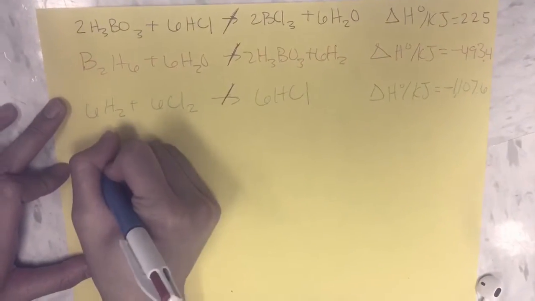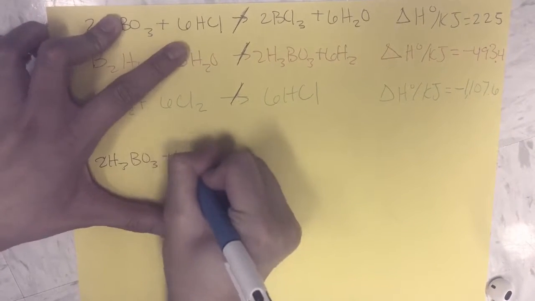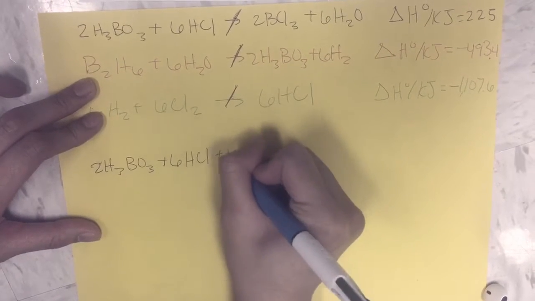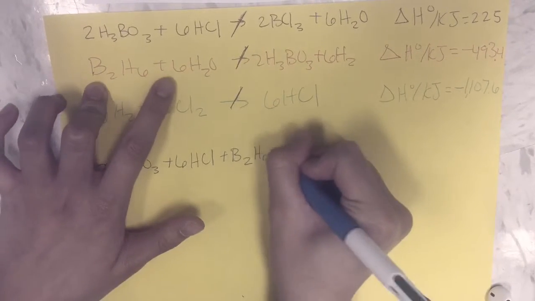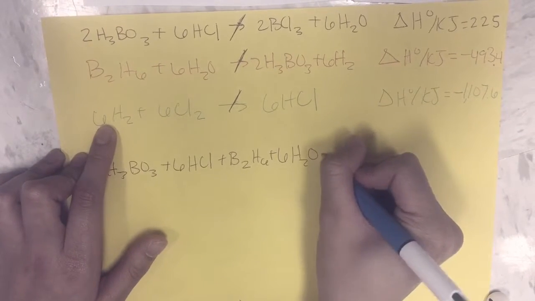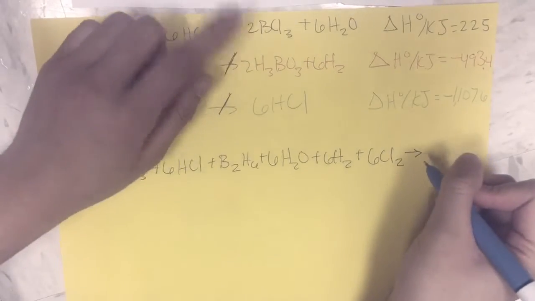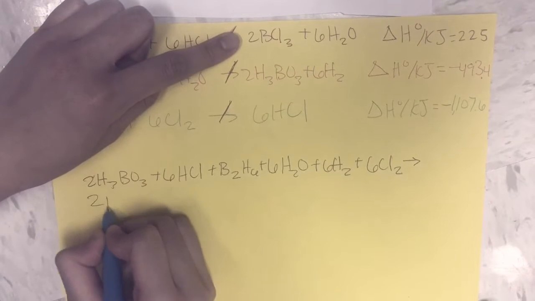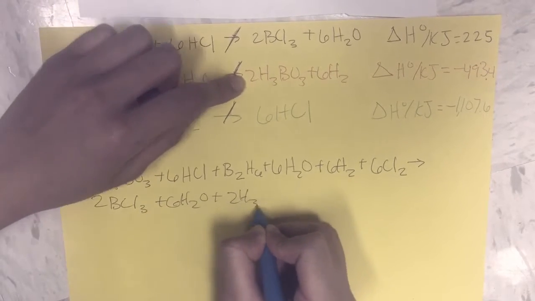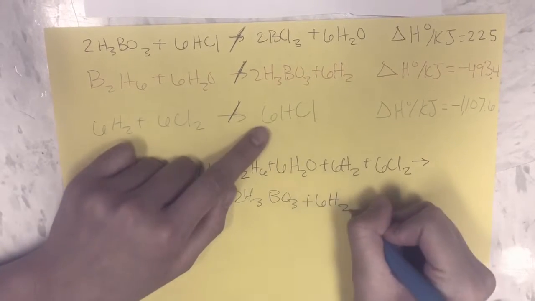So you would get 2H3BO3 plus 6HCl, and then come down here, and that would be plus B2H6 plus 6H2O, and come down here, and that would be plus 6H2 plus 6Cl2 yields, and then you return to these, and that would be plus 2BCl3 plus 6H2O plus 2H3BO3 plus 6H2 and plus 6HCl.